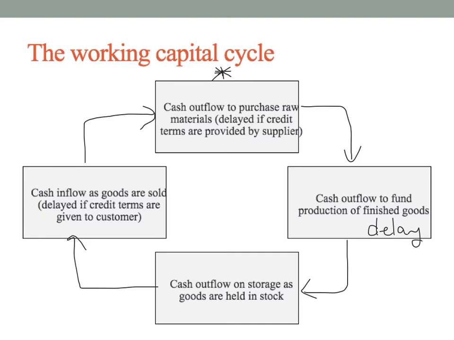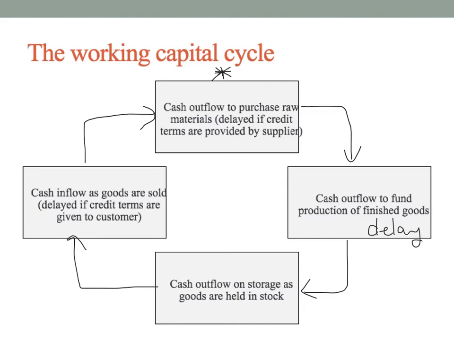Some products might have a very short lifespan, so they might be perishable products like yogurts and milk and things like that. And so you might actually find that this working capital cycle is quite a short time.